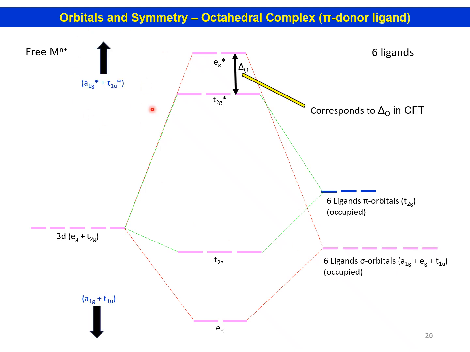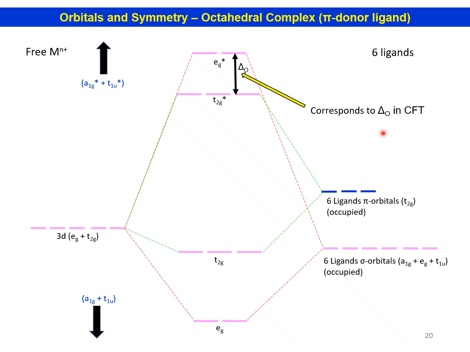And again, don't forget the a1g and t1u, bonding and anti-bonding states. They are there, but we just don't focus on them because the main difference here is discussed on the splitting of 3d orbitals. The a1g and t1u remain the same.